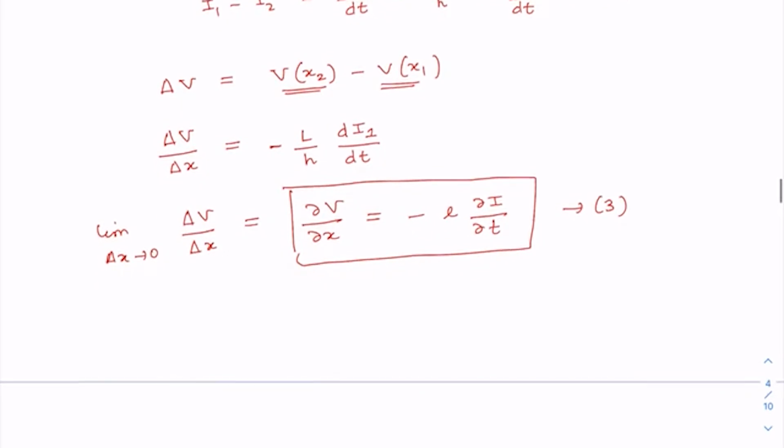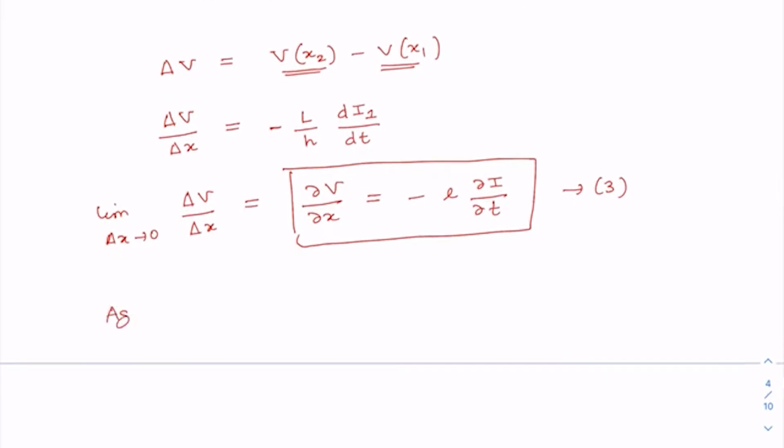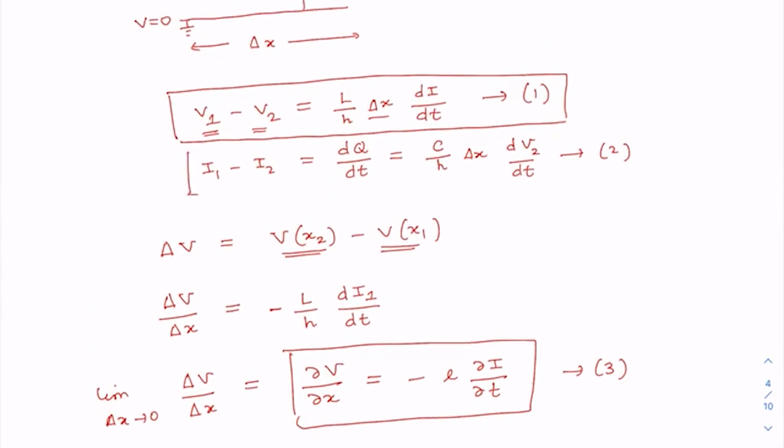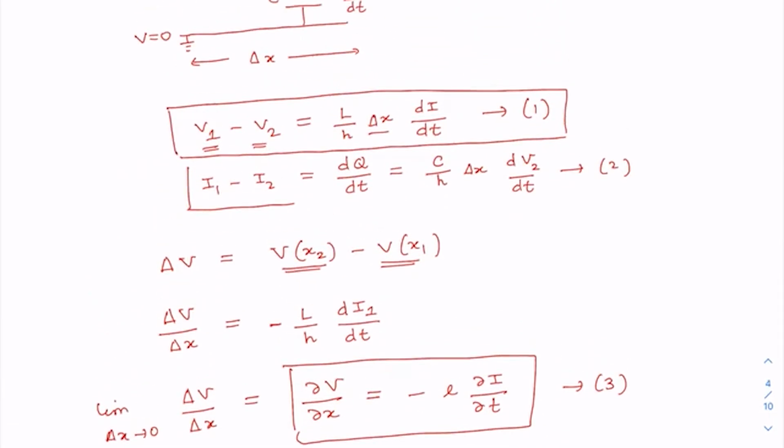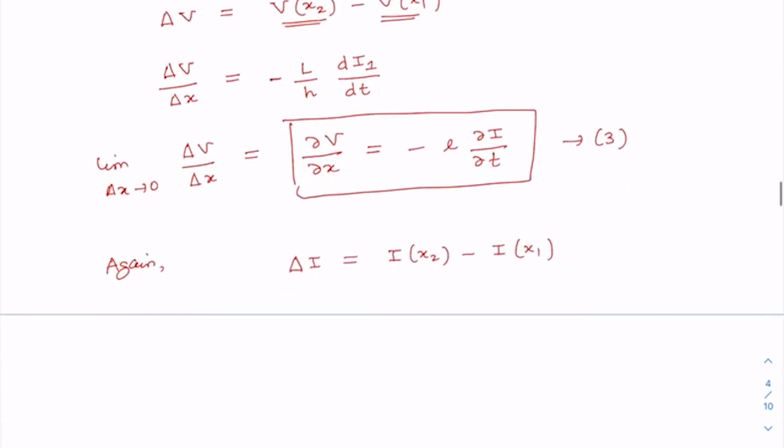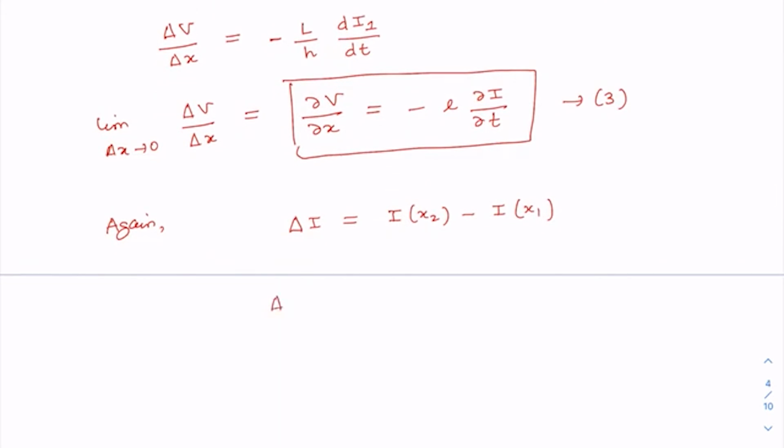Okay, similarly, again we can write the current difference, that is delta I, again look at this equation, delta I I can write as I(x2) minus I(x1). Here I am writing it as I1 minus I2. Again you will get a change in sign, so therefore I can write delta I by delta x is equal to minus C by H dV2/dt.